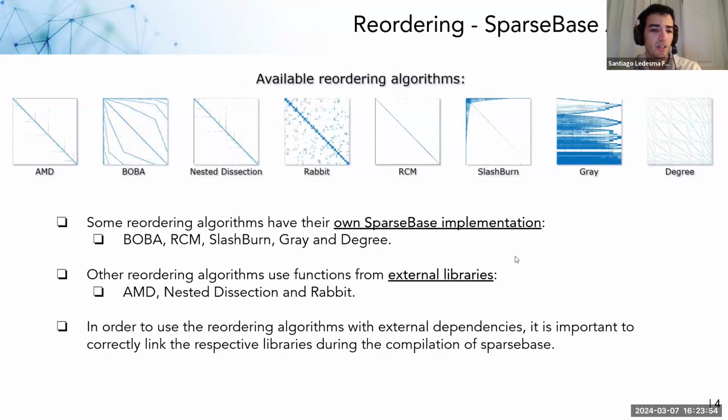So we use external code that is adapted to the SparseBase library, and we can use it just as the others. For these ones, for AMD, nested dissection, and Rabbit, which are external libraries, it is very important to link, when you compile SparseBase, the respective libraries in order to fully use them.